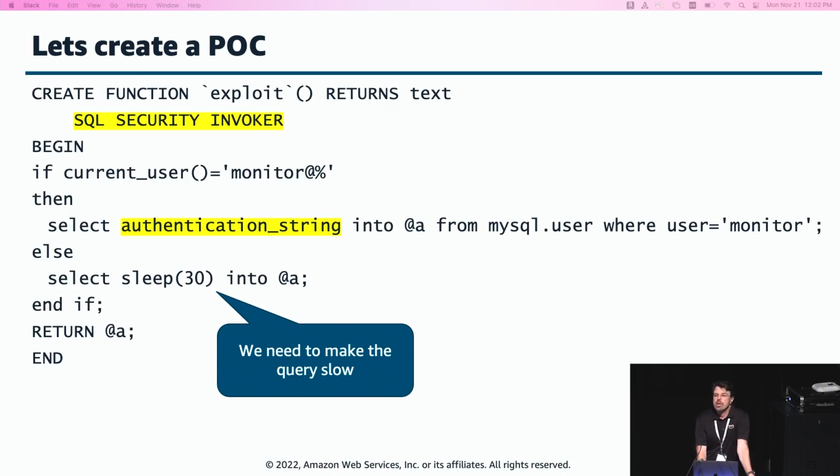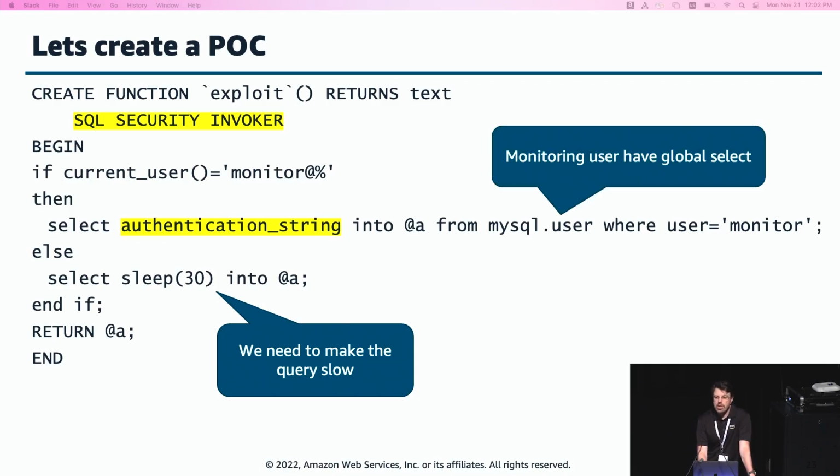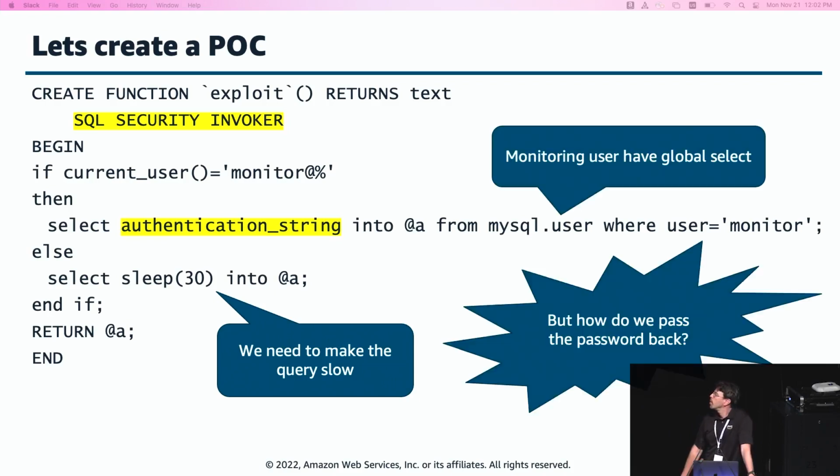If it's not run by my monitoring user, I just make it slow. But now the question is, how do I get the password and save it? How do I retrieve this password and send it back to me?